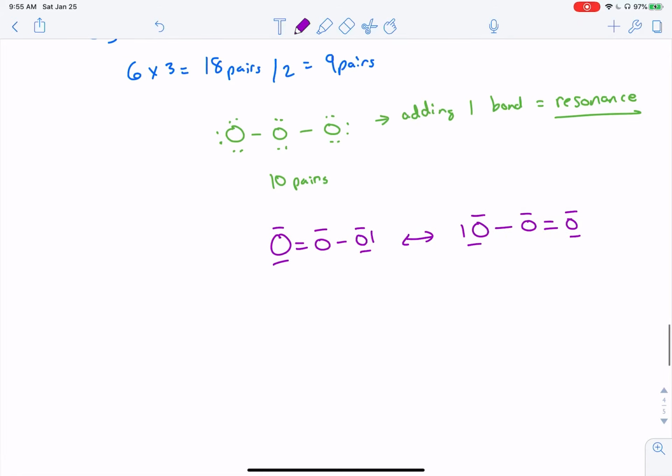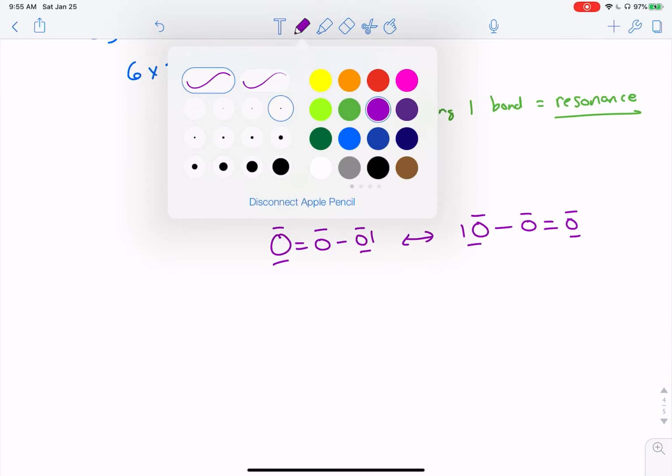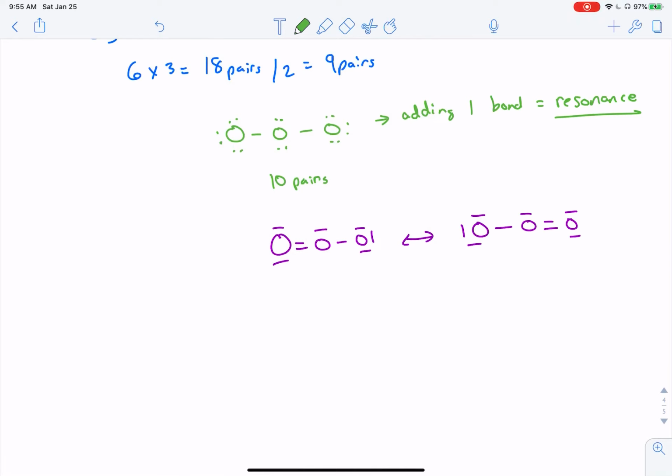Now, we're going to do some more practice, but the reason why we know it's resonance is because experimentally, both O to O bonds were equal length.